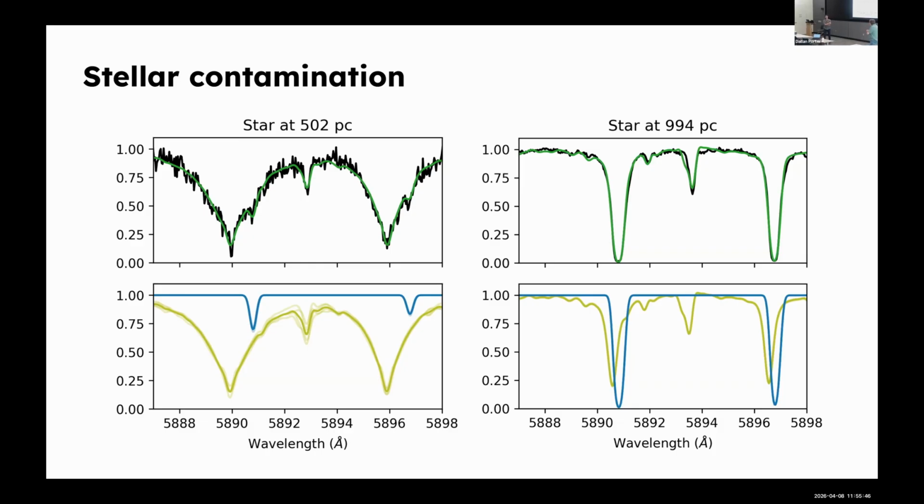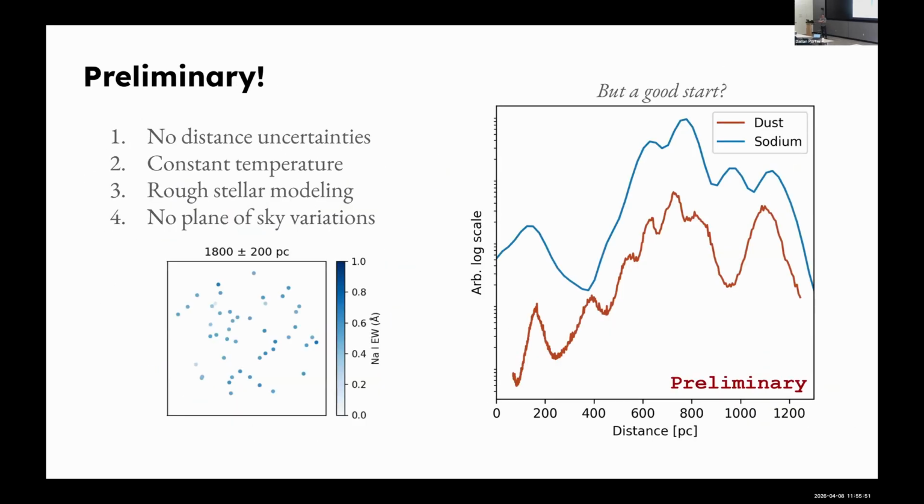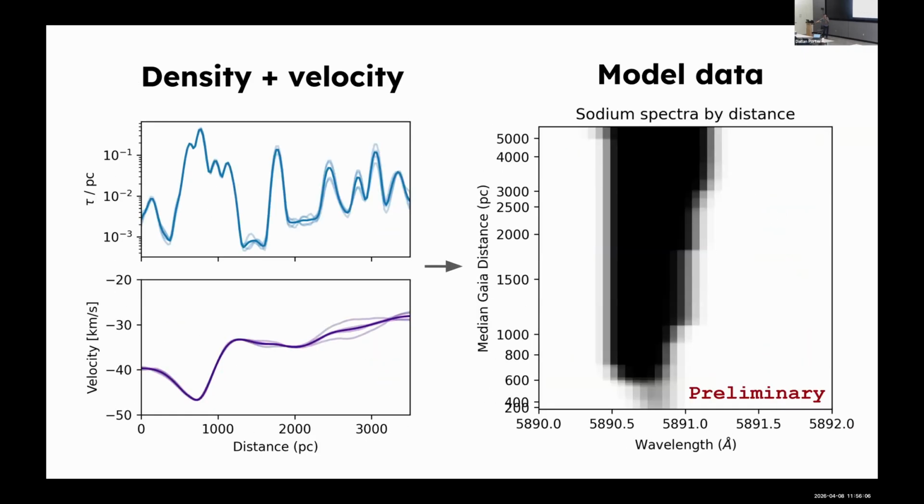Yeah, I had a question about the distance resolution in your tomography. I was wondering if it's driven currently more by the uncertainties in Gaia distances or parallaxes, or by just the sampling of how many stars you have. Yeah, I think in the beginning it's the sampling. There are just fewer stars nearby, and then at the end it's the Gaia distance for sure. We have pretty good spectra, so we should be getting better distance constraints from the spectra than the parallax, but I haven't done that, and I'm not exactly sure.